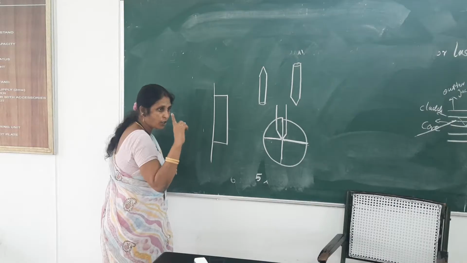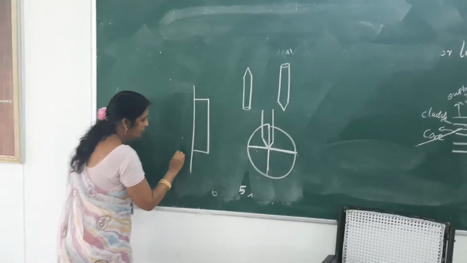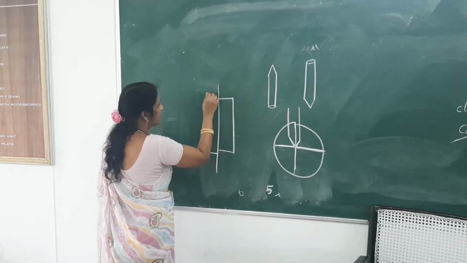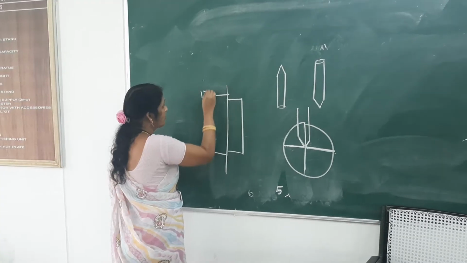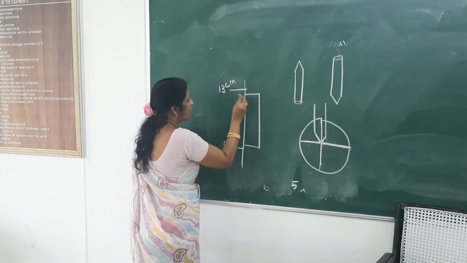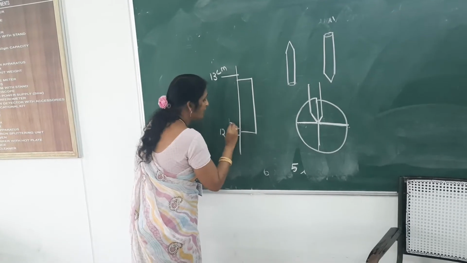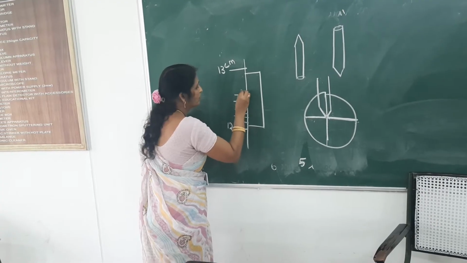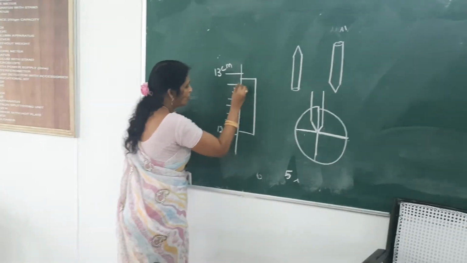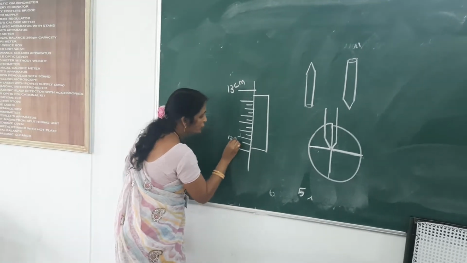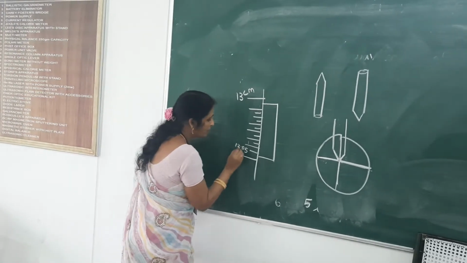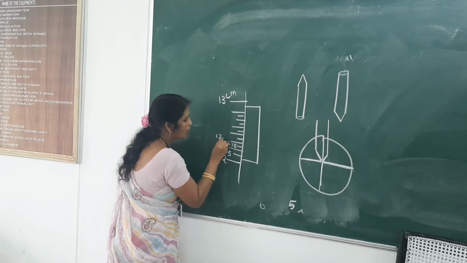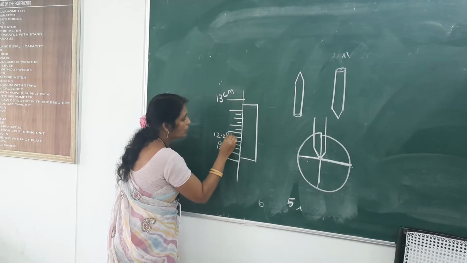I have told you each 1 centimeter is divided into 20 main scale divisions. Suppose this is the 12th centimeter and this is the 13th centimeter, in centimeters. Now this is divided into 20 main scale divisions like this. This is 12.05 centimeter, then this is 12.1, this is 12.15, this is 12.2, this is 12.25.